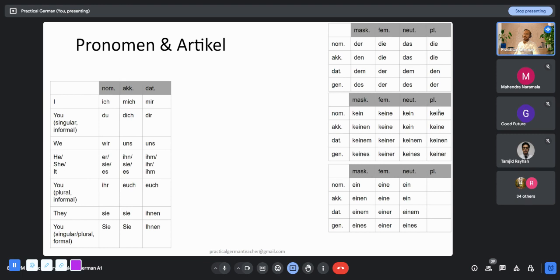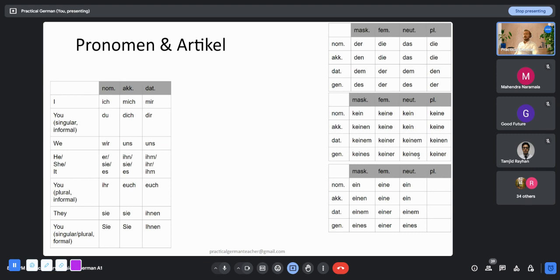If you look at this table for negations article, and the table for indefinite article, all you have to do is place the letter K and you get this table. So ein, kein, einer, keiner, ein, kein, einen, keinen, einer, keiner, ein, kein. Here einem, keinem, einer, keiner, einem, keinem. Here eines, einer, eines, and keines, keiner, keines.